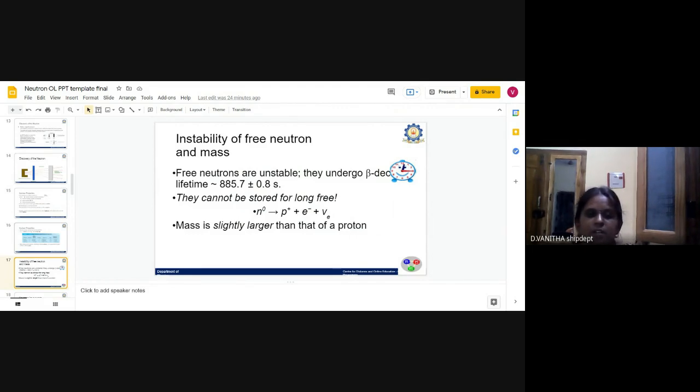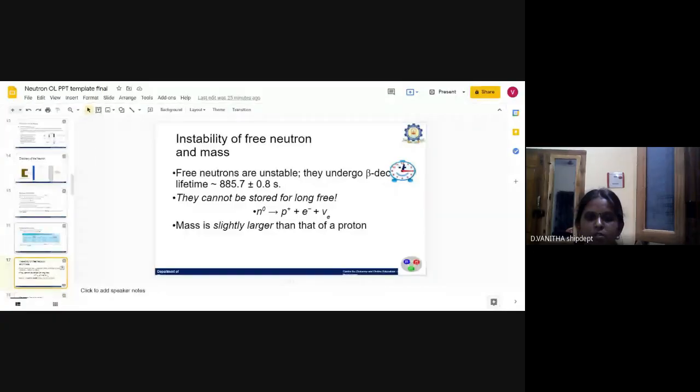This is the instability of the free neutron. Free neutrons are unstable, so they undergo beta decay, and the lifetime is 885.7 plus or minus 0.8 seconds.